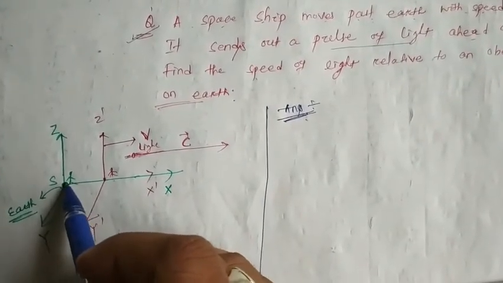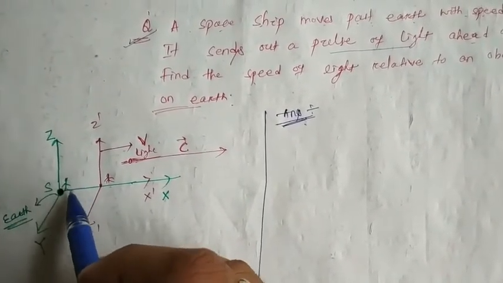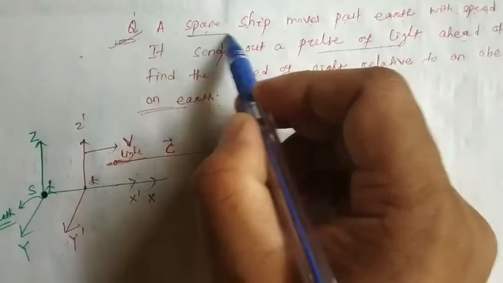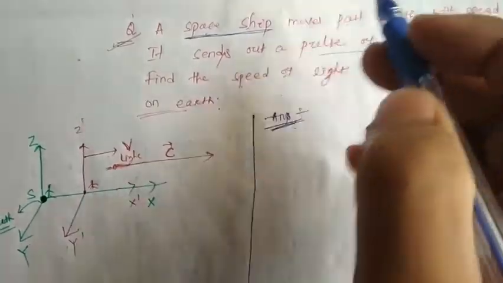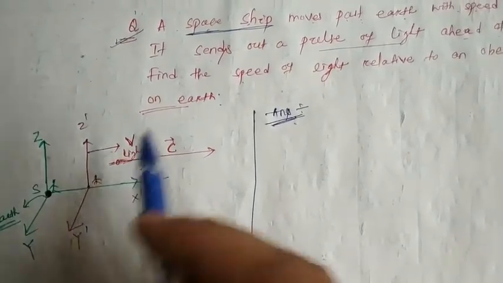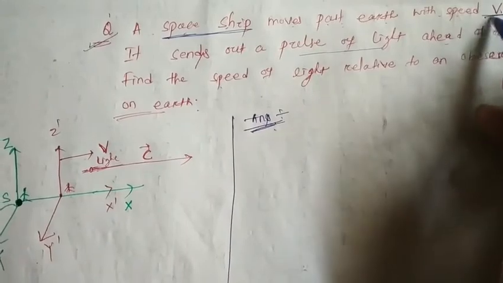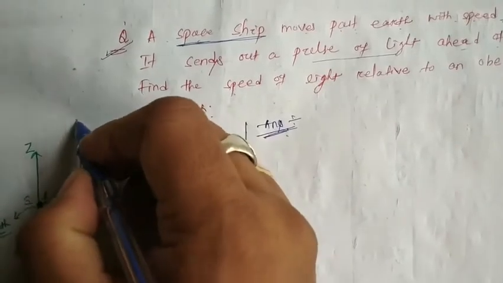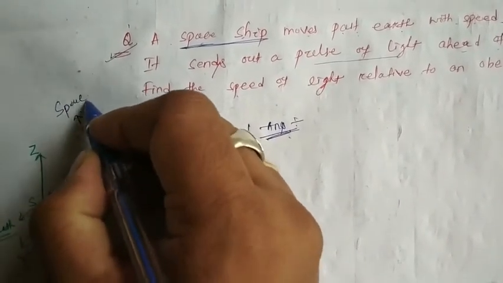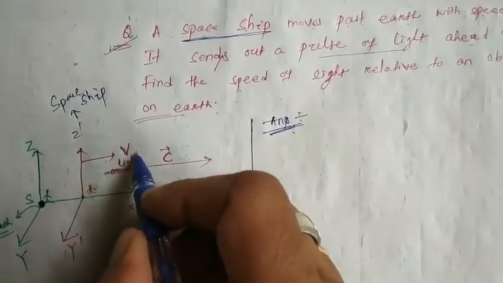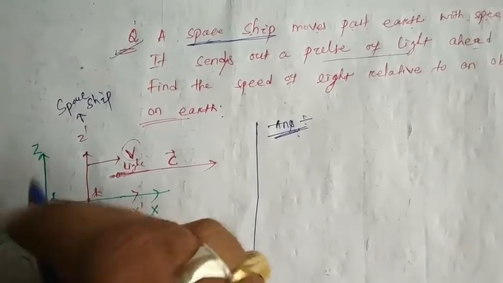Here I have drawn the figure. This is your Earth reference, that is your S frame. The person is sitting here. Another frame is a spaceship, which moves past the Earth, meaning crosses the Earth, moving with velocity v. That means this S dash frame belongs to your spaceship, moving with velocity v with respect to Earth.